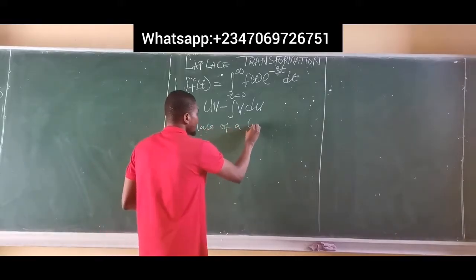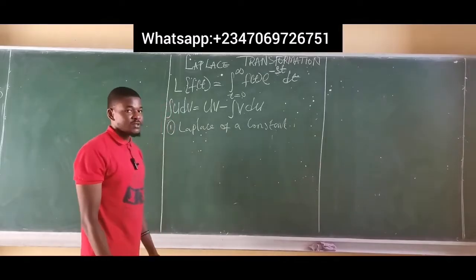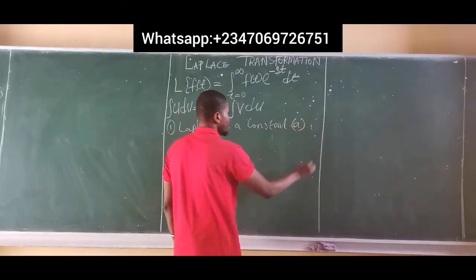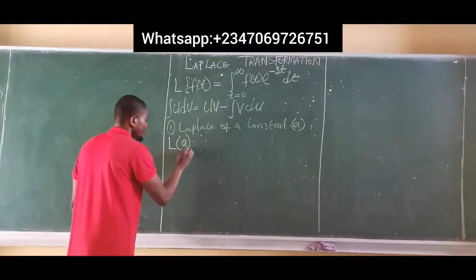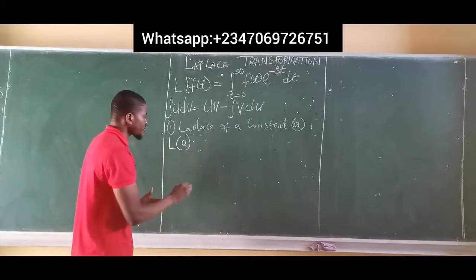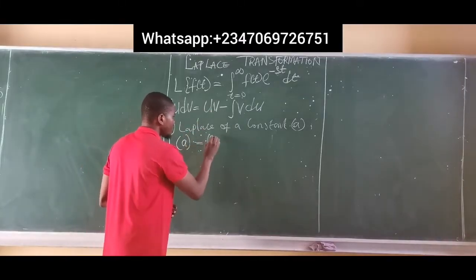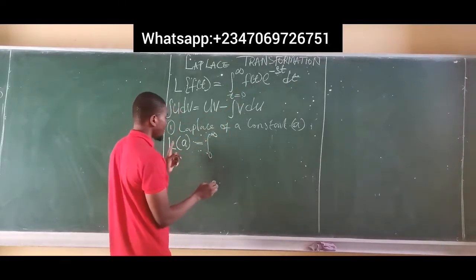If you're asked to find the Laplace transformation of a constant, how do you go about it? Now let's simply use a to denote our constant. Let's say we are asked to find Laplace transformation of a, where a is a constant value. Now this is equal to, from the formula, integral from 0 to infinity. The function f of t now is a, so we're asked to find Laplace of a.